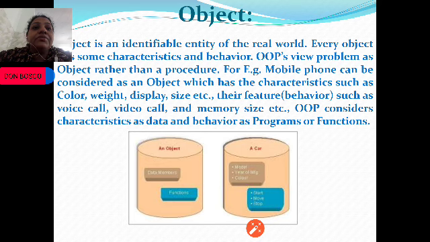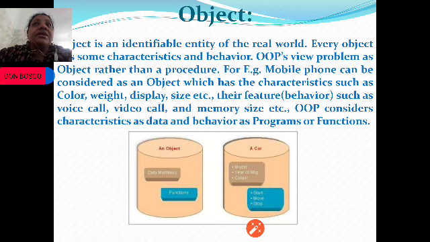In object-oriented programming, as discussed earlier, a problem is divided into smaller parts called objects rather than procedures. For example, let us consider a mobile phone as an object. A mobile phone has a certain color, weight, display size, etc.